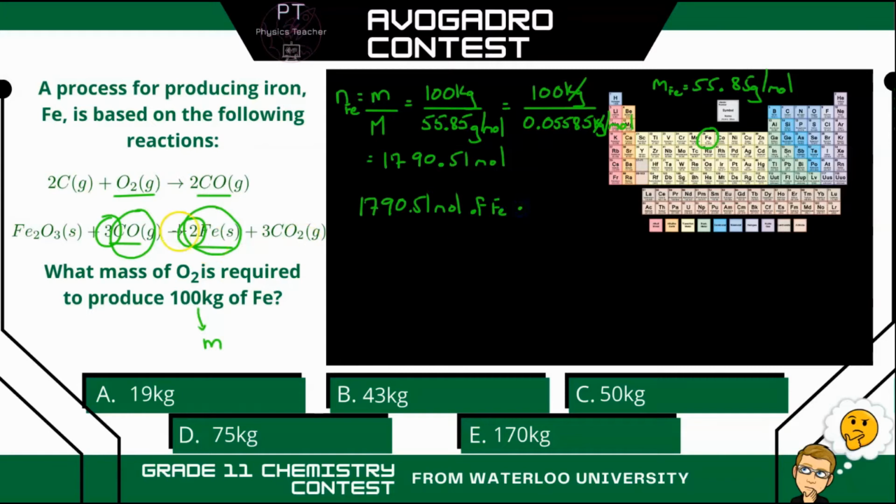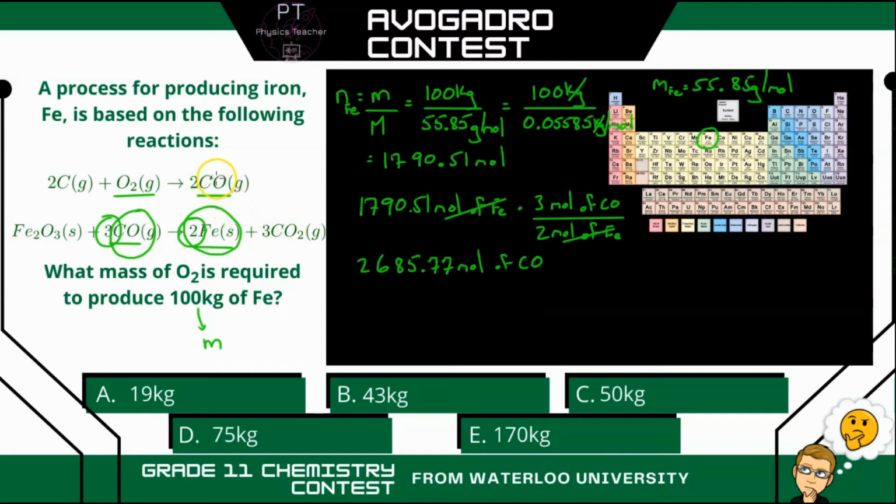And we're going to multiply this ratio of 3 moles of carbon monoxide for every 2 moles of iron. And we do that, you notice moles of iron cancels, and you get moles of carbon monoxide, and we end up with 2,685.77 moles of carbon monoxide. So that's the first part of our problem.